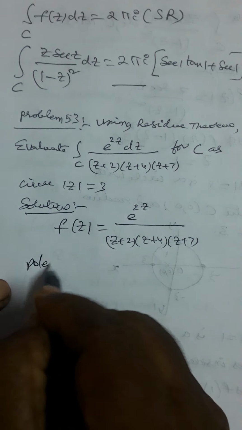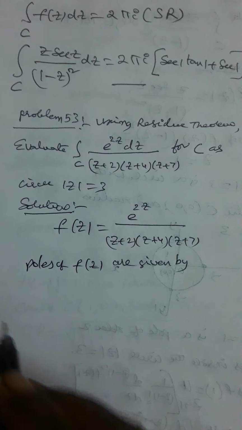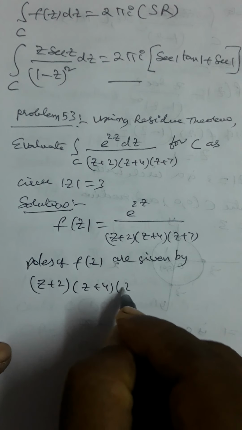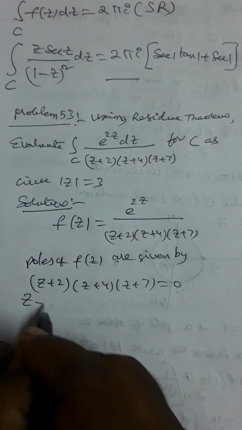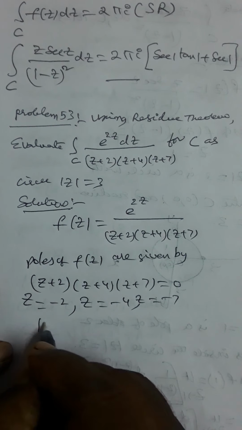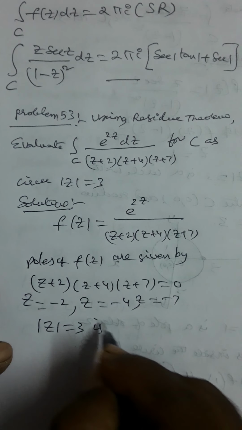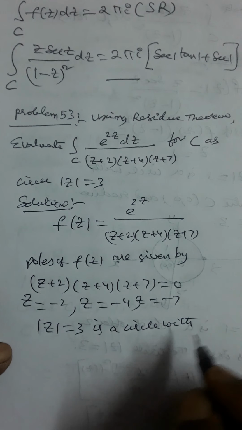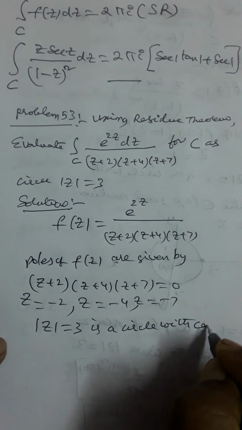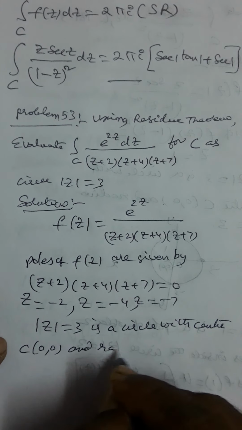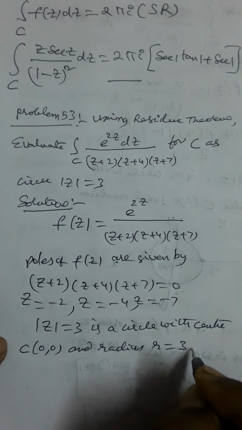Poles of f of z are given by equating the denominator to 0. We get poles z is equal to minus 2, z is equal to minus 4, z is equal to minus 7. Mod z is equal to 3 is a circle with center C (0, 0) and radius r is equal to 3.